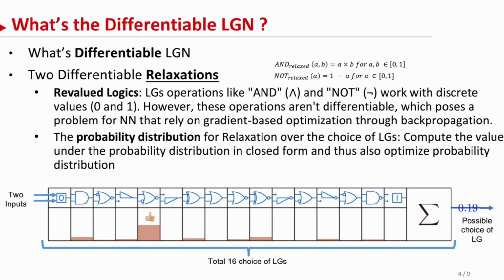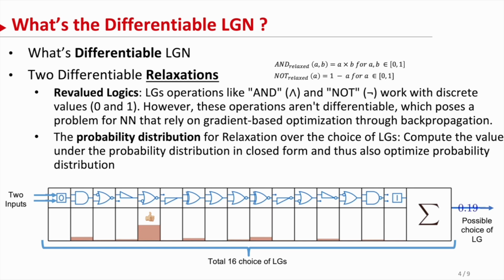Long story short, you see on the top right-hand side, they relax A and B, for example A multiplied by B, with A and B within 0 and 1. It is the same logic when NOT relaxes A, where A is also within 0 and 1. So, long story short, the value will be discretized into 0 and 1.